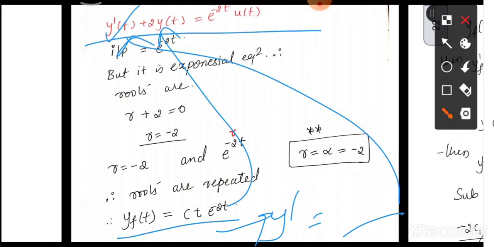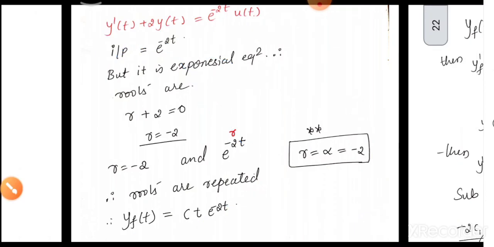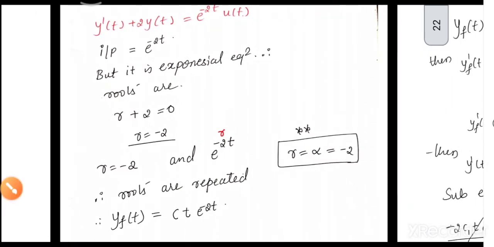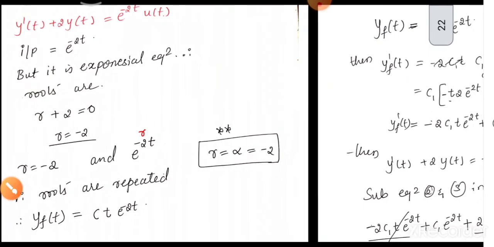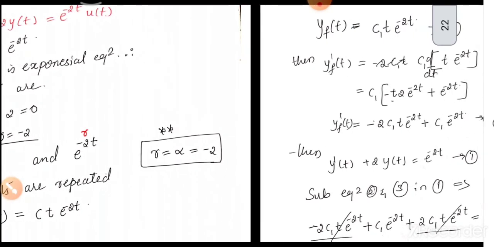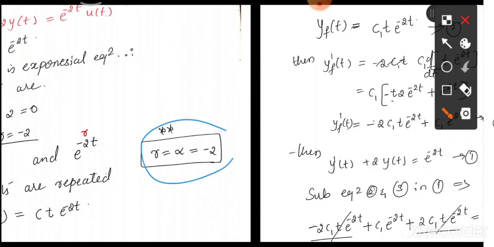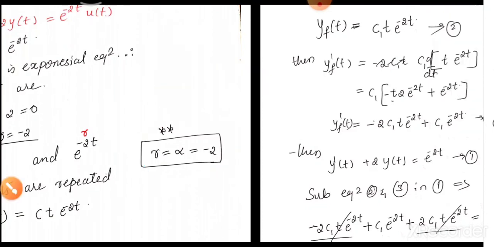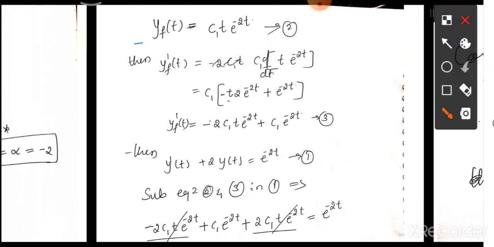After that, compare the coefficients of the left hand side and the right hand side of the equation after substituting, and then calculate the constant values. The procedure remains the same, the only difference is that when you have an exponential, you must be careful about your alpha as well as r.